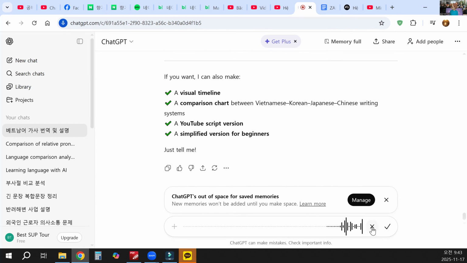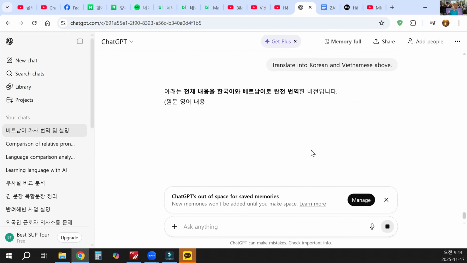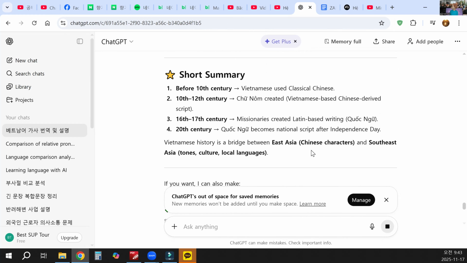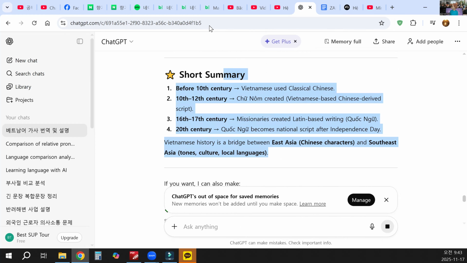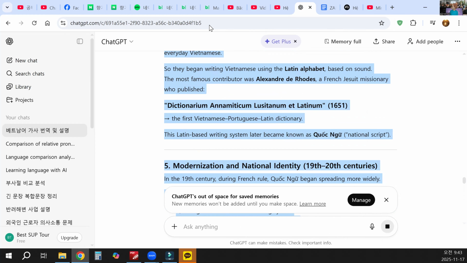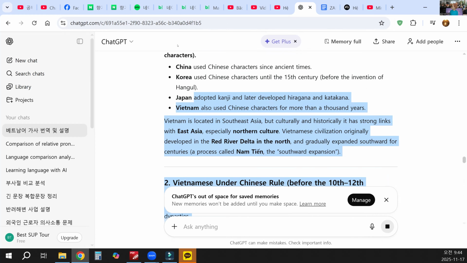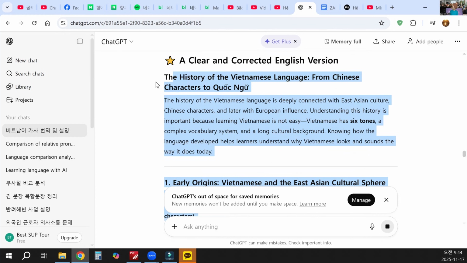Translate into Korean and Vietnamese above. Now we get a copy to review about the story of Vietnamese, and then let's try to read it.